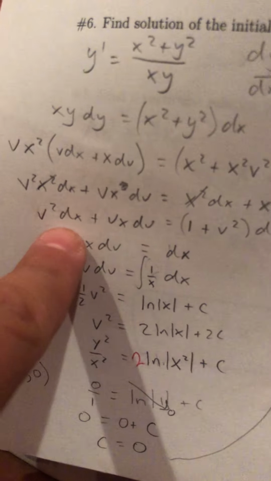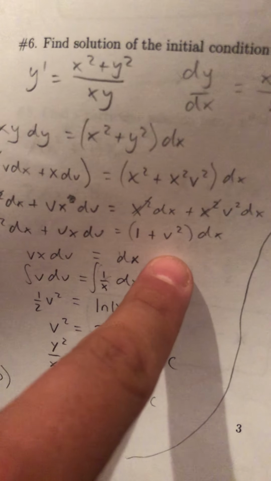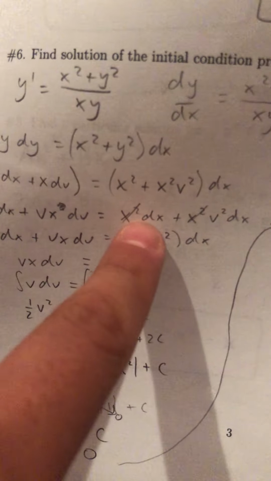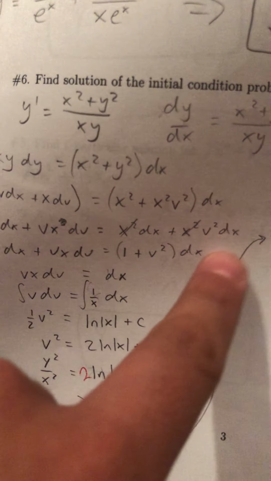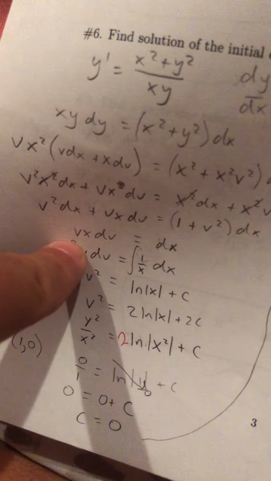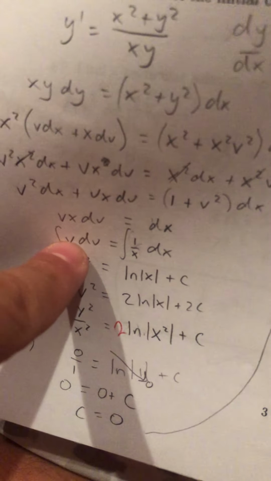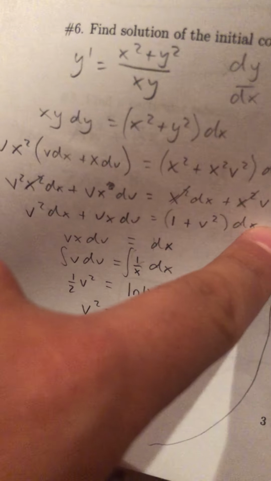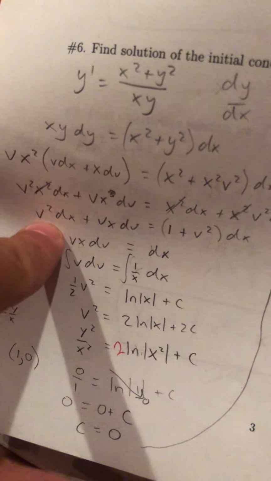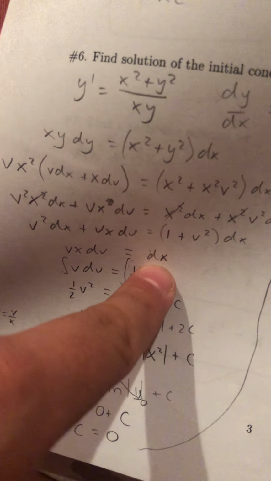V squared dx plus Vx dV is equal to 1 plus V squared dx. So 1 plus V squared dx minus V squared dx, so now you're just going to have a dx.